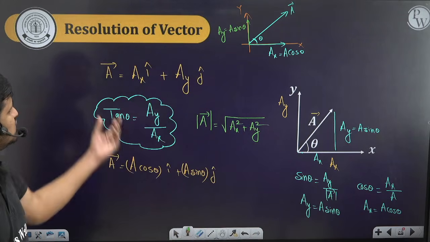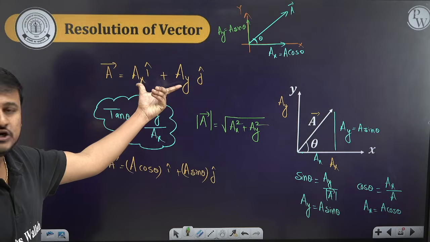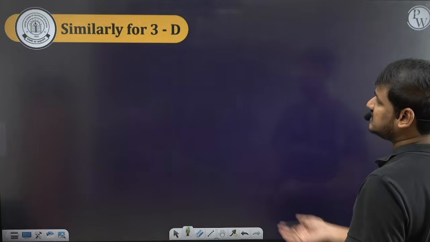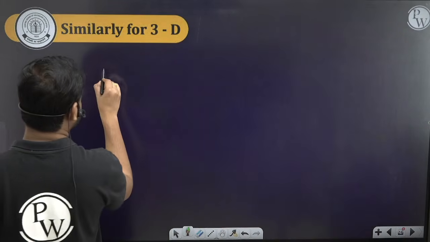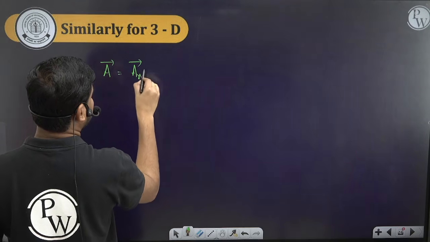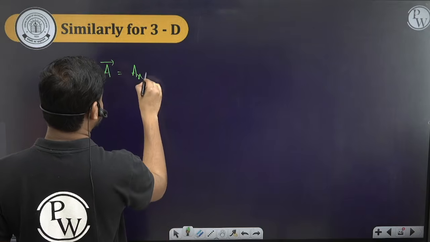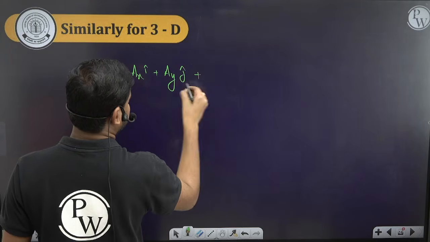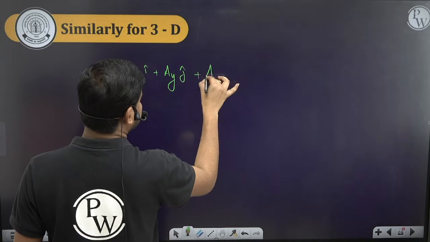This is the representation of a vector in 2D. If it is in 3D, similarly you can represent it. Let's suppose a vector A is there in 3D. Then vector A will have AX i cap in the x direction, AY j cap in the y direction, and AZ k cap in the z direction.